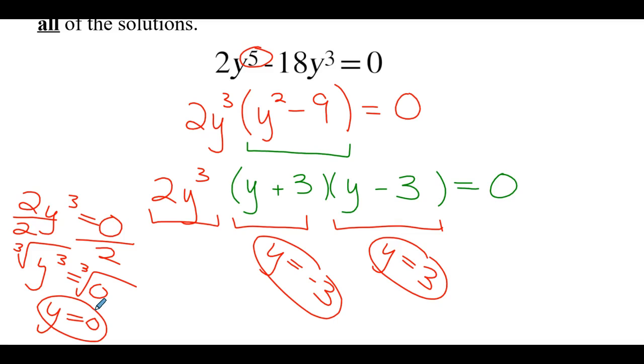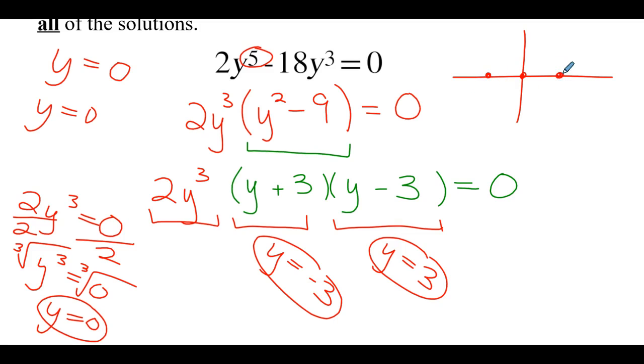Really, what just happened is we got 0 3 times, but we don't need to write it 3 times, right? So just write it the 1 time. So how many times did this polynomial cross the x-axis? 3 times. At 0. So it crosses the x-axis at 0, and negative 3, and positive 3.